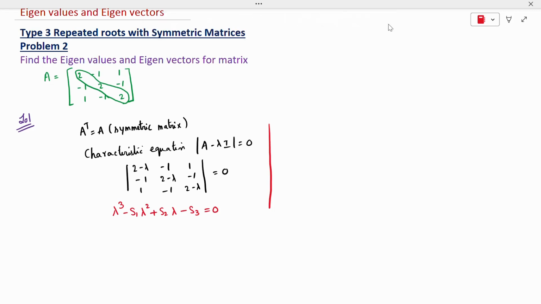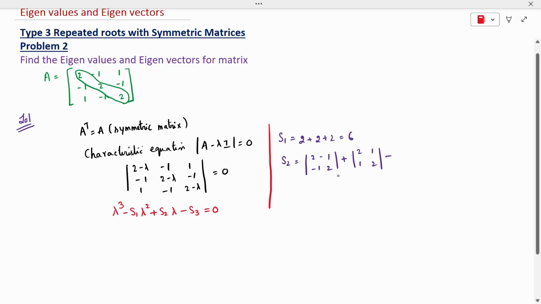S1 is nothing but the sum of the diagonal elements, 2 plus 2 plus 2, so 6. S2 is the sum of the minors of the diagonal elements: 2 minus 1 minus 1 2, plus the next, 2 1 1 2, plus the last, 2 minus 1 minus 1 2.